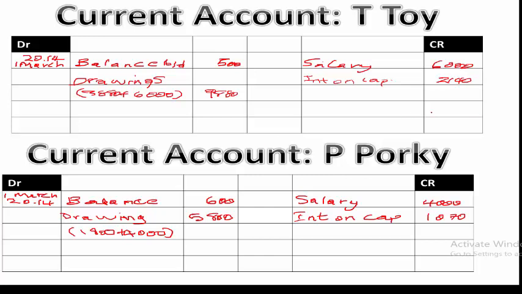So fortunately this time around they have a profit, right? So if it's a profit, the double entry is then gonna be on this side of the account, which is gonna be written as appropriation account because it's from the appropriation account.